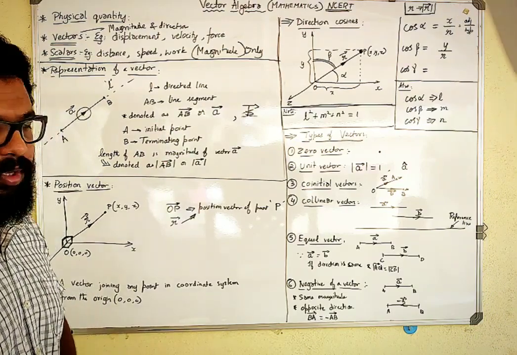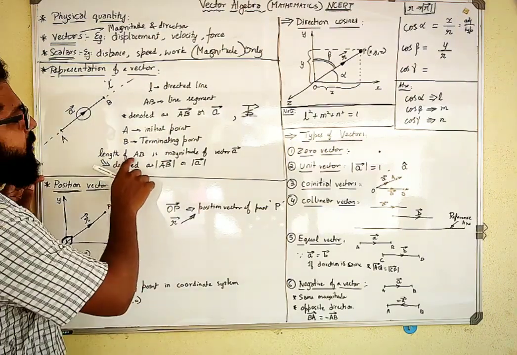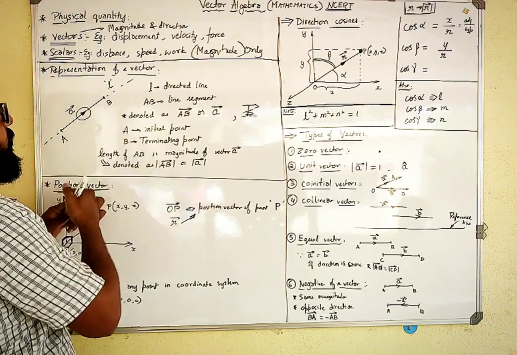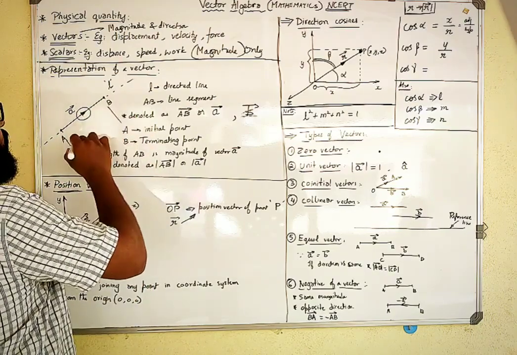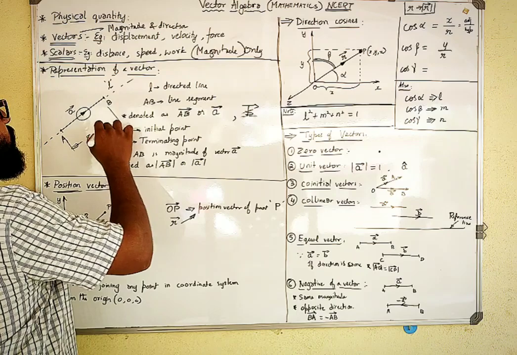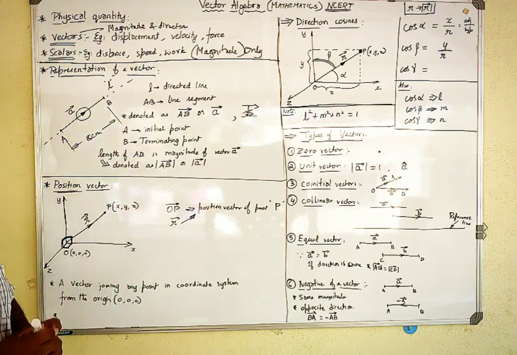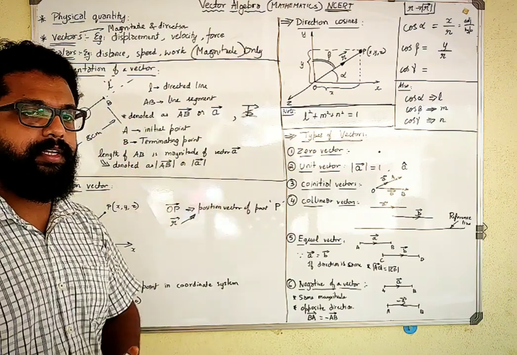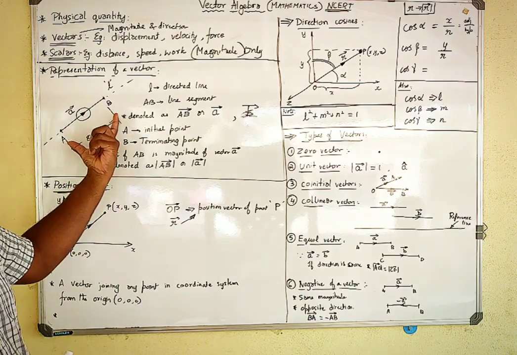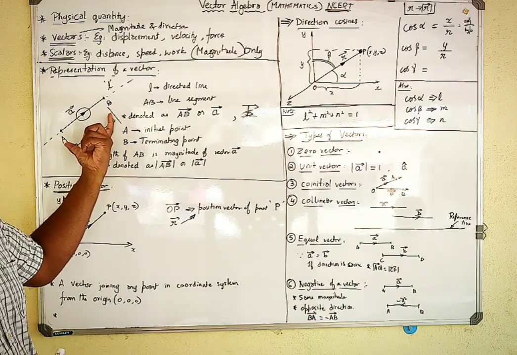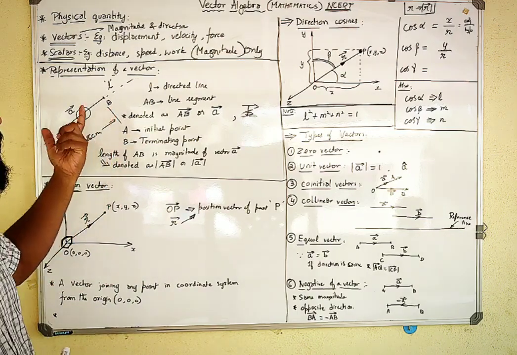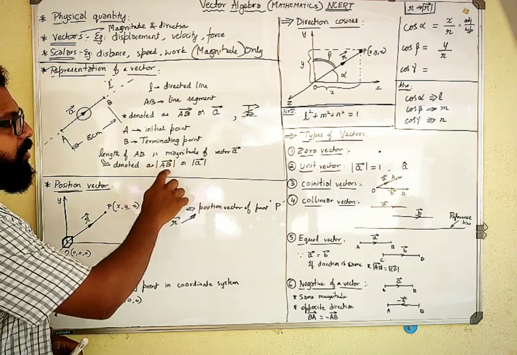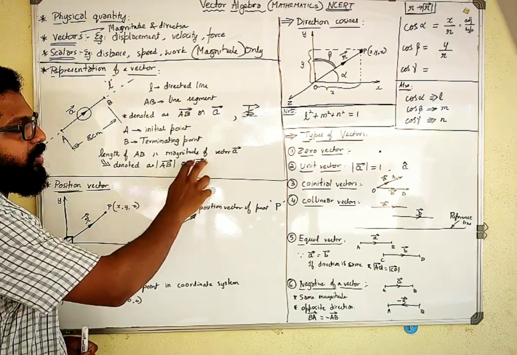Then comes the length of AB. For example, let me assume it is around 8 centimeters. This 8 centimeters is the magnitude of the vector. The length of AB, or the distance between points A and B, is the magnitude of that vector.